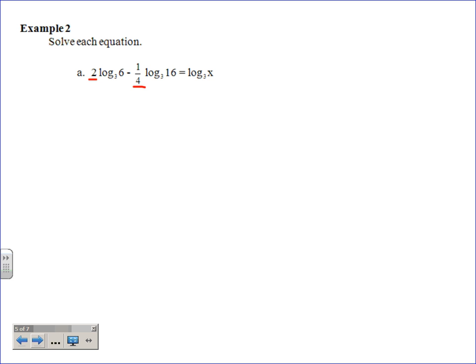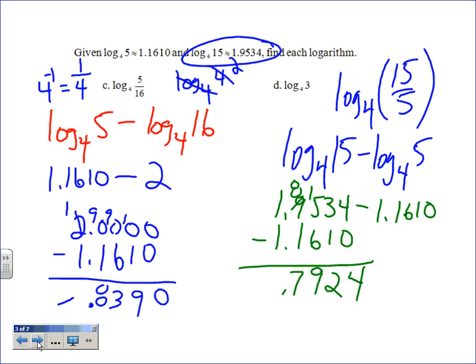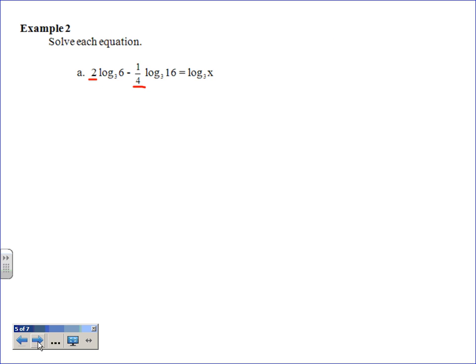So what can I do with that? Well, according to this last property here, if it's up there, I can move it out front, or if it's out front, I can move it up to the exponent, correct? And then it would be in the logarithm. So that 2 is going to go up here. This 1/4 is going to go right there, and then we're good.